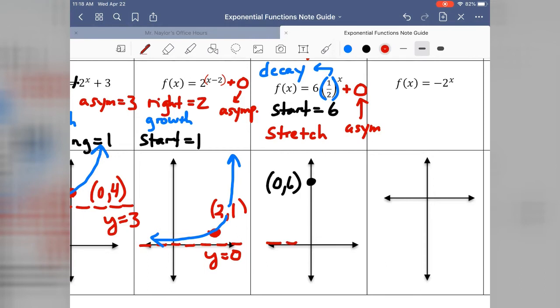The asymptote is still at 0, so we can label that. And all we really have left to do is draw a decay graph that has been stretched. Well, a decay graph that has been stretched is going to decay very quickly. It's going to be very steep, and it's going to, at the very end, turn and approach the asymptote.